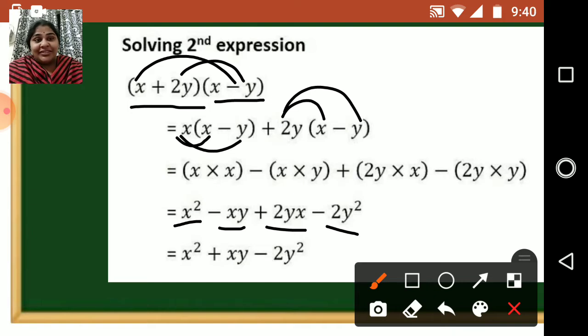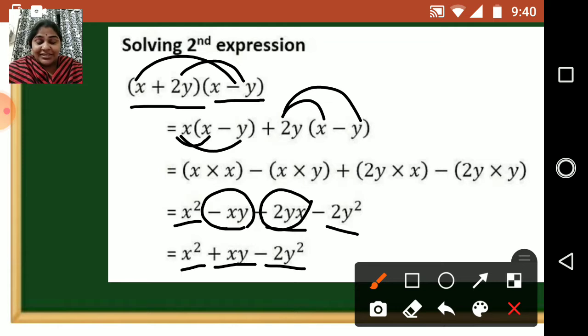So here, children, be very careful when there are negative terms. Now this is a negative xy and plus 2xy. So plus 2 minus 1 will be xy. So x square plus xy minus 2y square is the simplified expression.